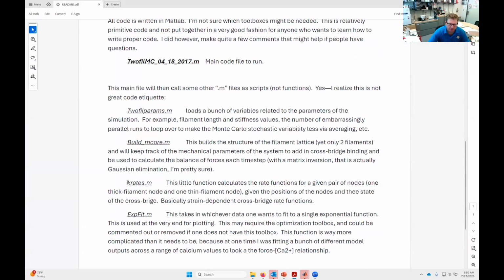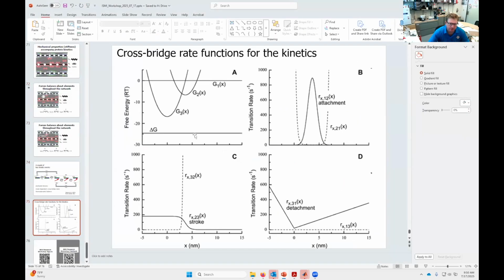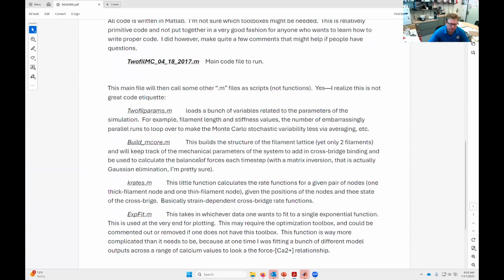And then there's a kinetics rate function, which describes what I've shown here in terms of who's interacting with whom. That gets called quite a bit.